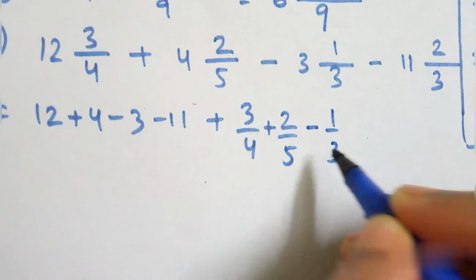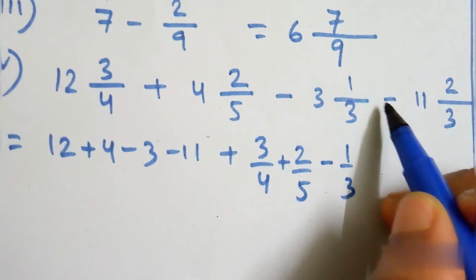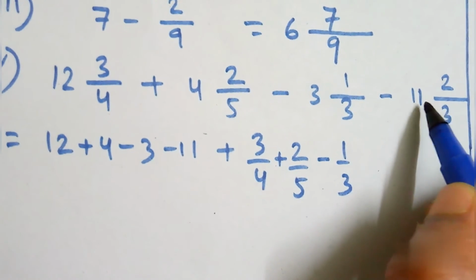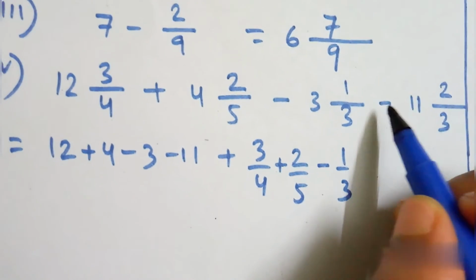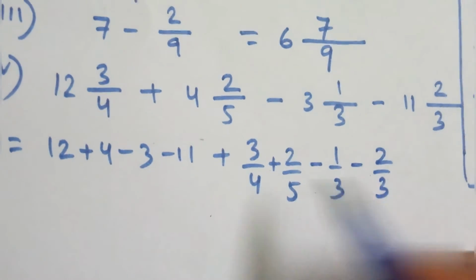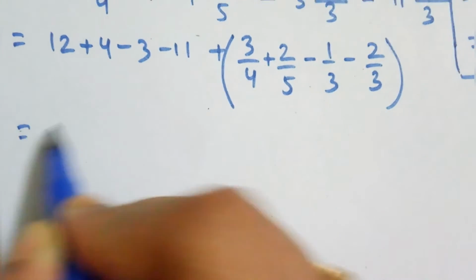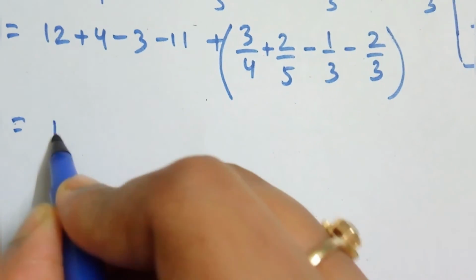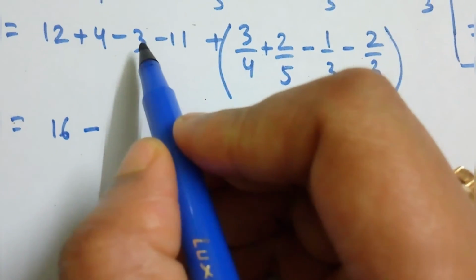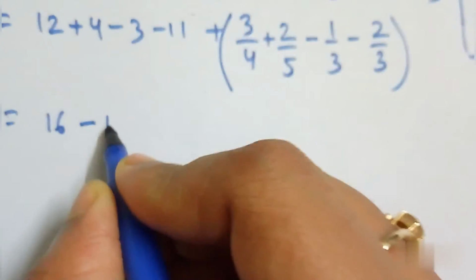And this is 11 plus 2 by 3. So minus of 11 plus 2 by 3 will be minus 11 minus 2 by 3. Now add this. 12 plus 4 is 16, minus 3 minus 11, so it will be minus 14.